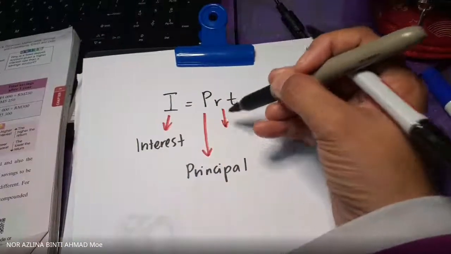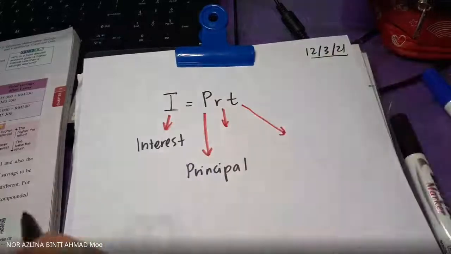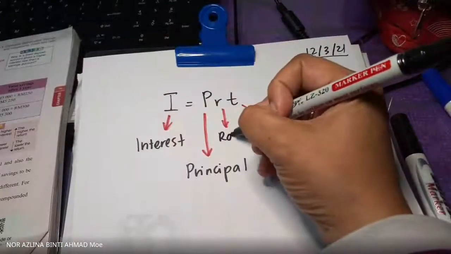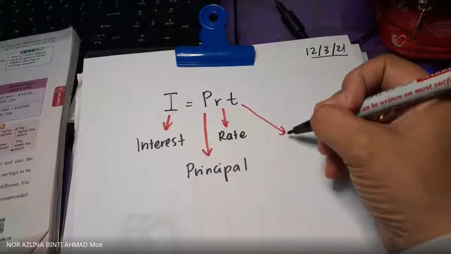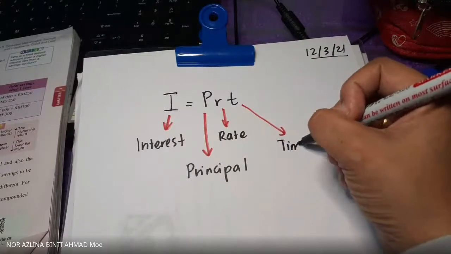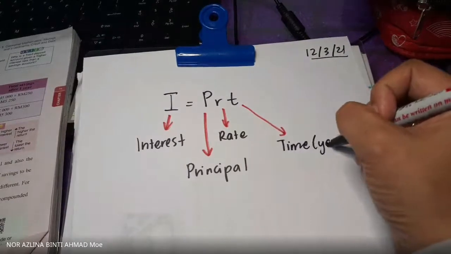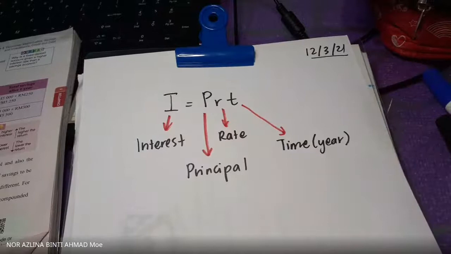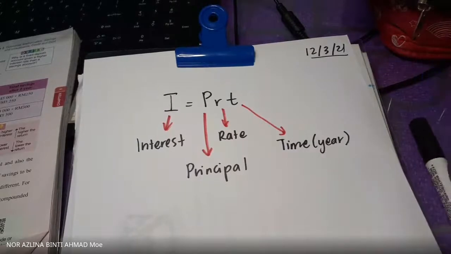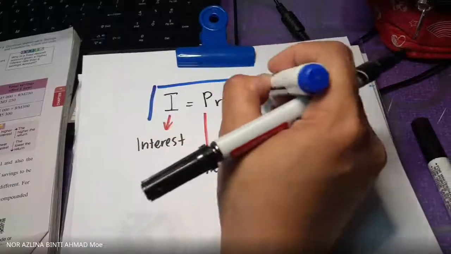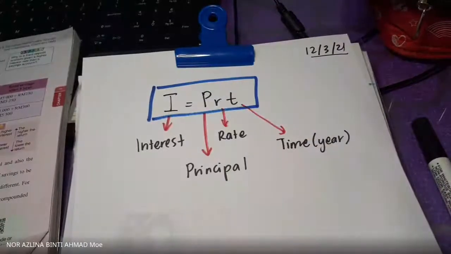R is rate. And the last one, T is time, how many years. This is the formula that you learn in chapter 3.1.